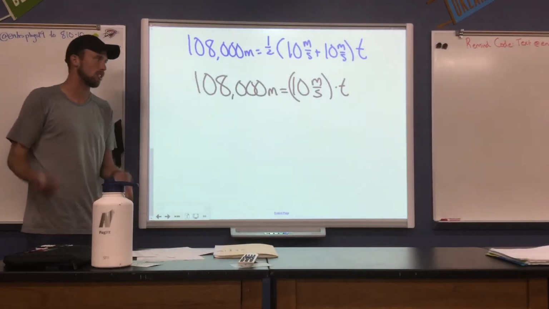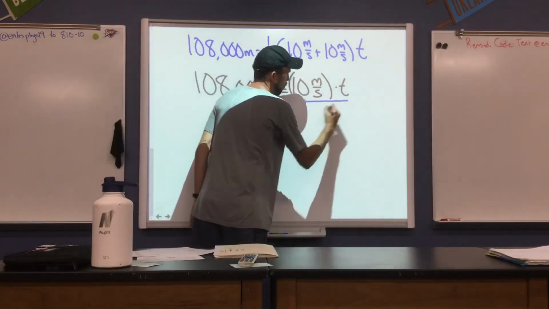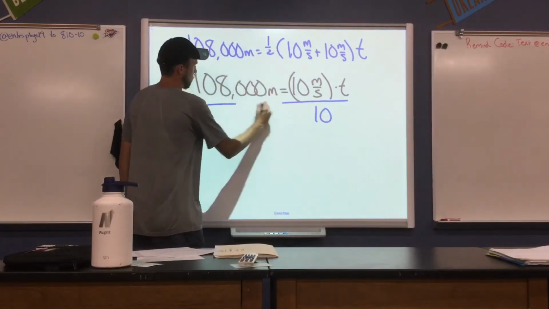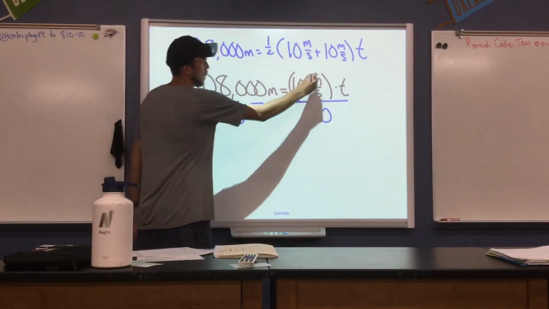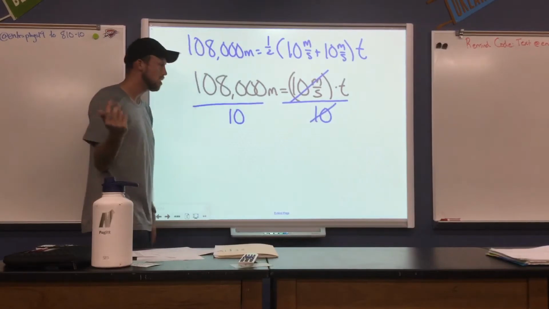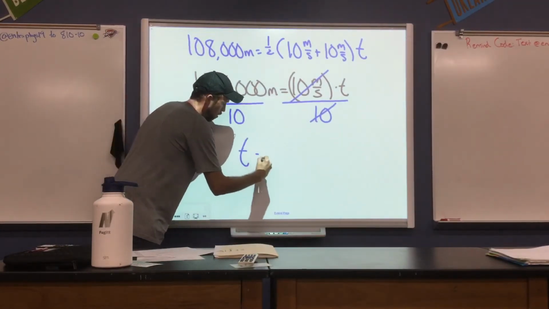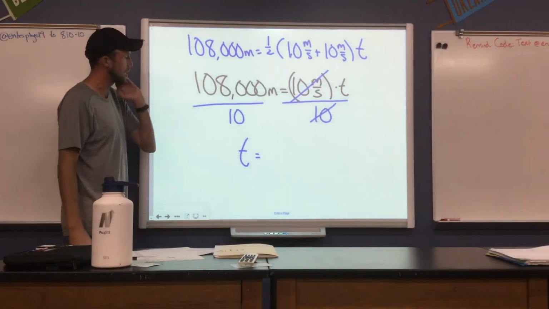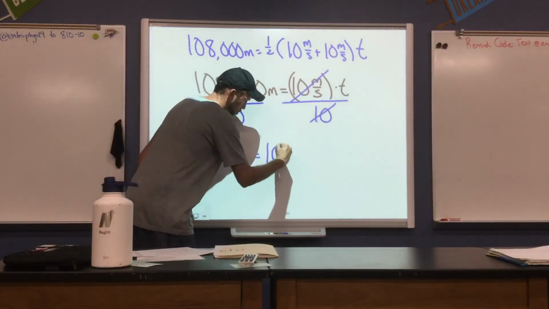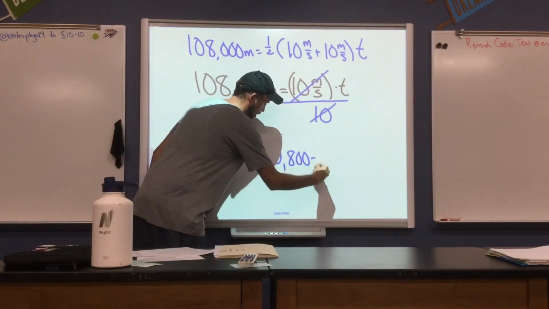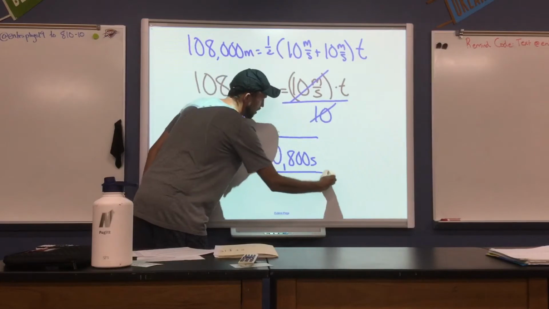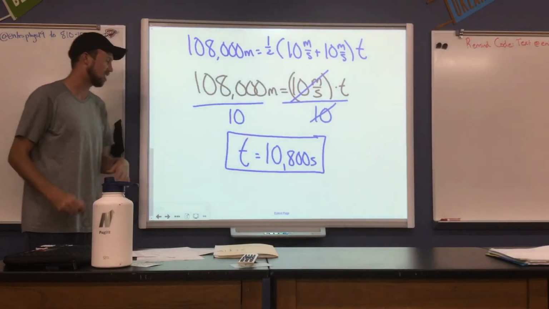Now from here, to get time by itself, we'll divide by 10 on both sides of our equation. So 10 over 10 simplifies down to 1. Time for Zuko will now be 108,000 over 10, which will be 10,800 seconds. So this is the time it will take Zuko to travel to the temple.